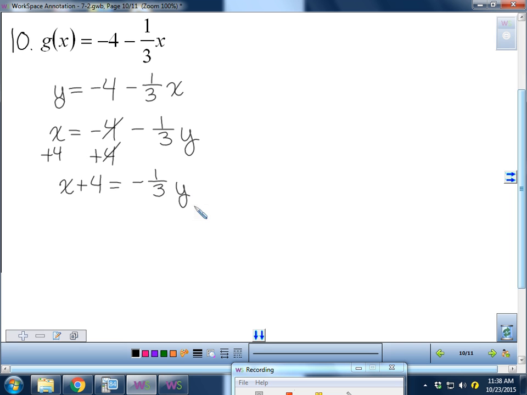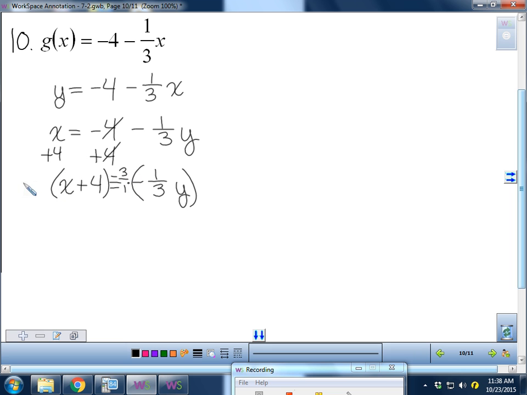Alright? When you multiply by a fraction, the way you get rid of that is to divide by a fraction. But dividing by a fraction is the same thing as multiplying by its reciprocal. So remember, the reciprocal is that you just multiply by this number, but flipped. So we'd multiply by negative 3 over 1.